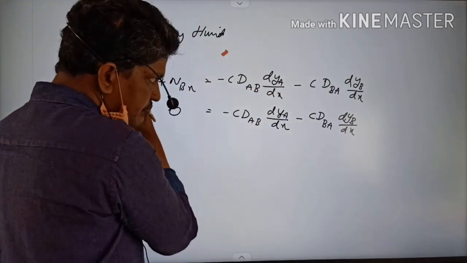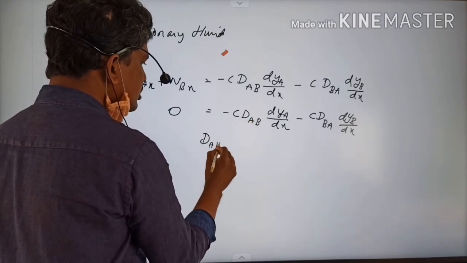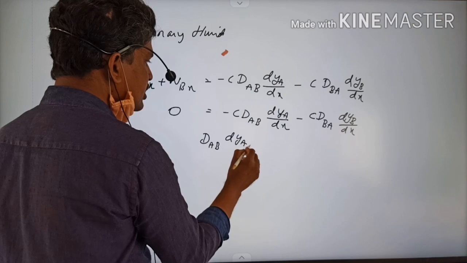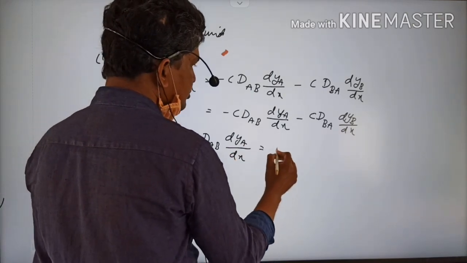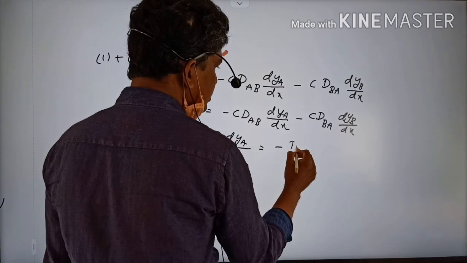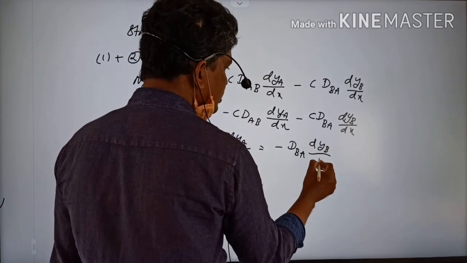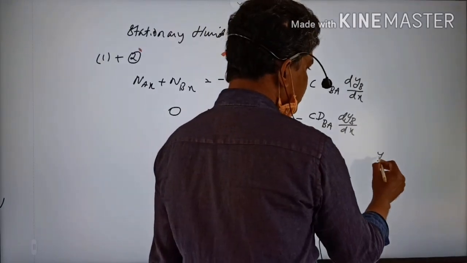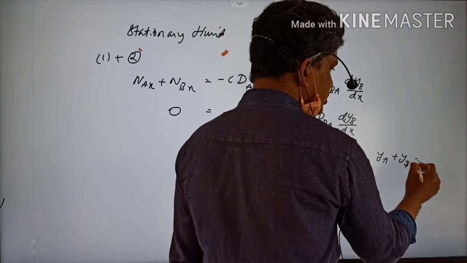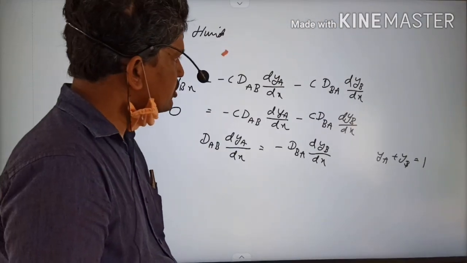Or you will get DAB into dyA by dx, which is equal to minus DBA into dyB by dx. But we know that yA plus yB is equal to 1, the total sum of the mole fractions is equal to 1.